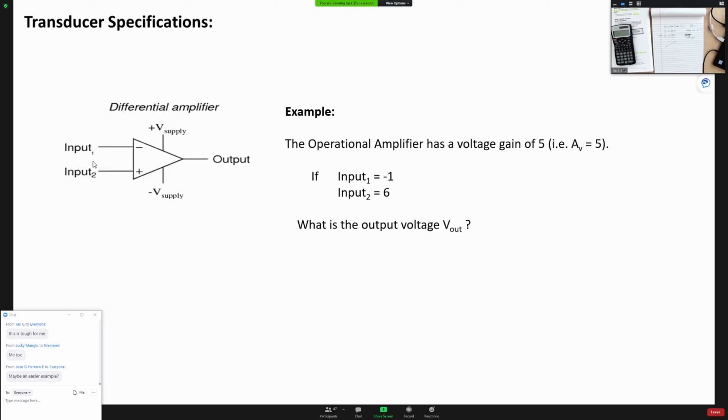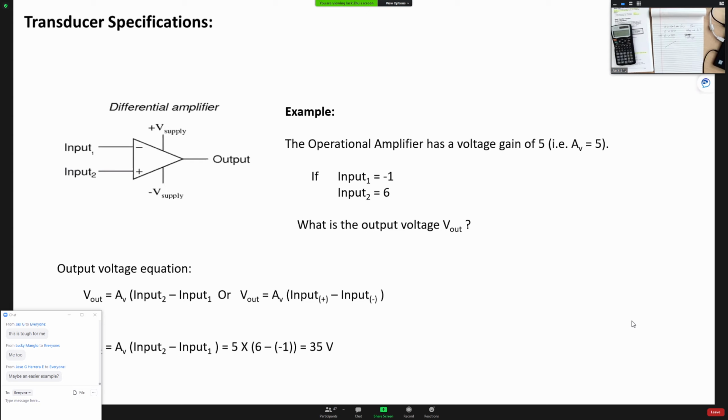So basically, this operational amplifier takes these two signals and gives you a value. Whatever the value is, you multiply it by the gain, and that gives you the output value. That's a pretty simple one.